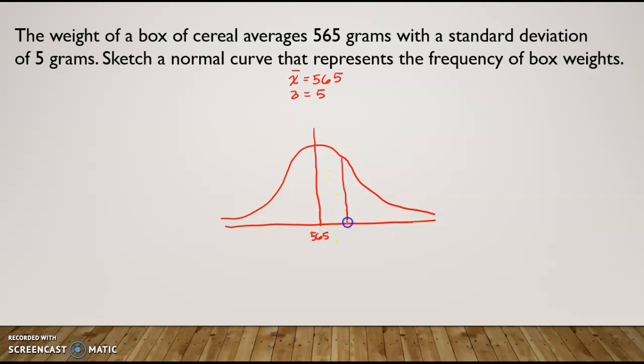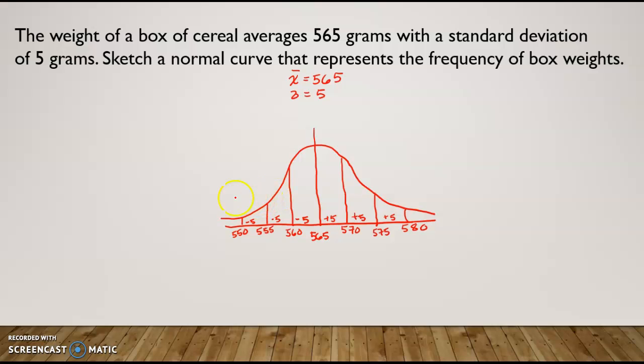One standard deviation above the mean, add 5, which is 570. The next one, add another 5, which is 575. And the third, add 5, which is 580. On the other side, you will subtract 5, which is 560. Subtract 5, which is 555. And subtract another 5, which is 550.